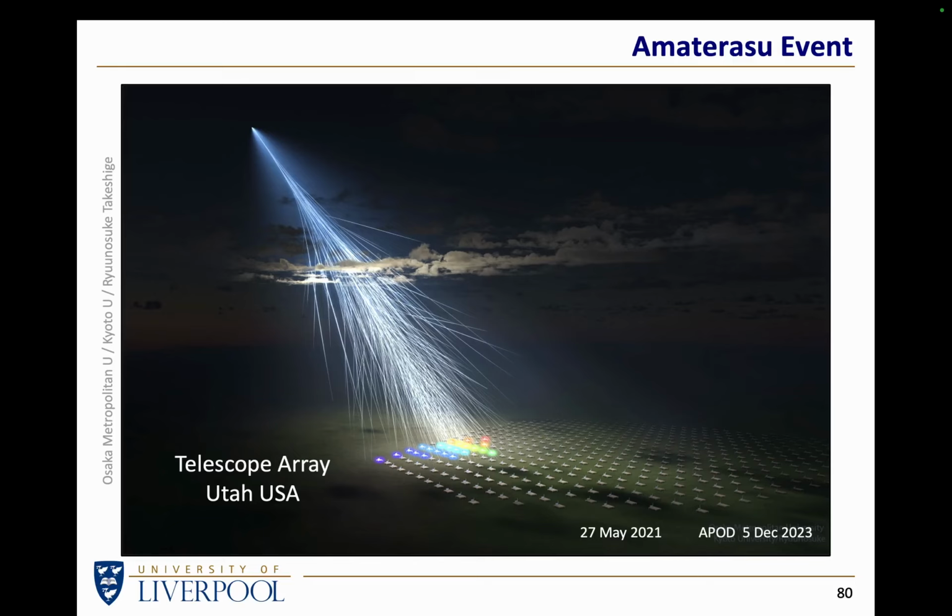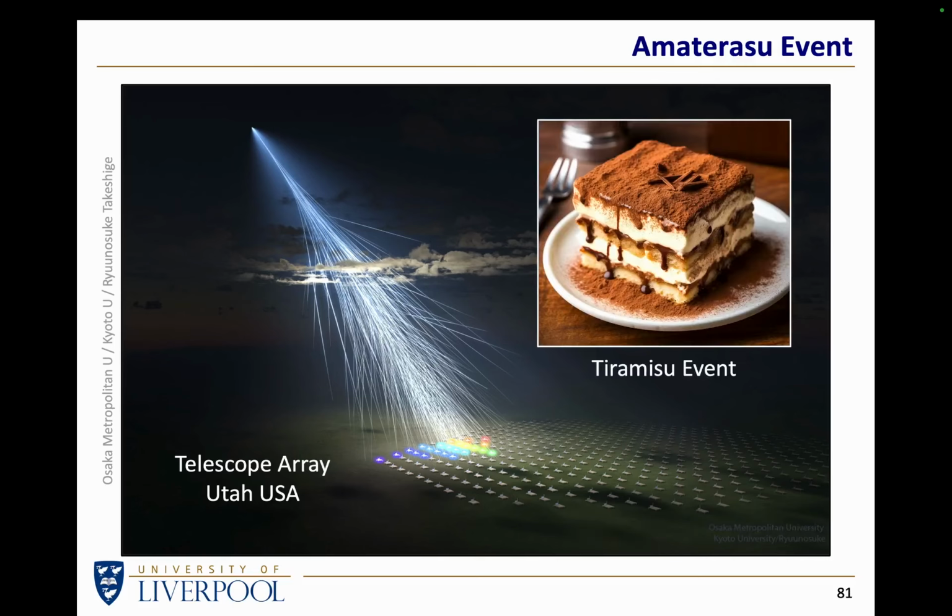Amaterasu is a Japanese sun god, meaning shining from heaven, or something like that, so very apt. And the Amaterasu event should not be confused in any way with the tiramisu event, which is what they had at the party afterwards.